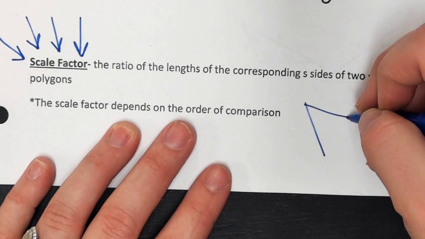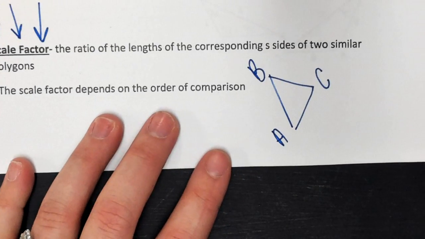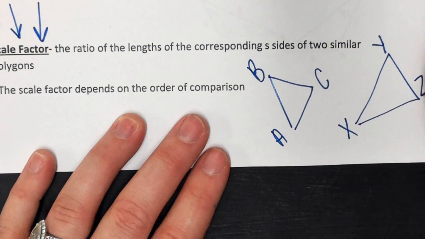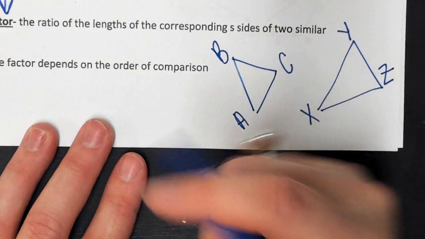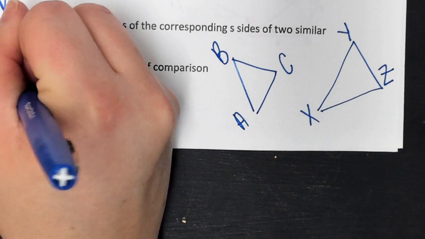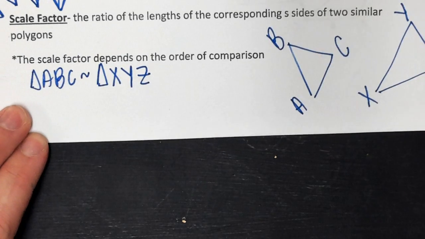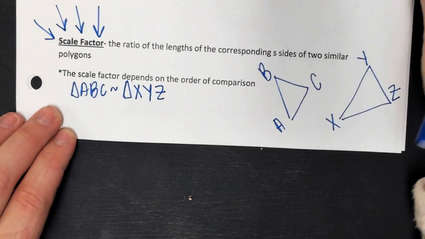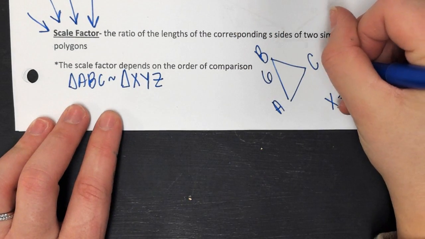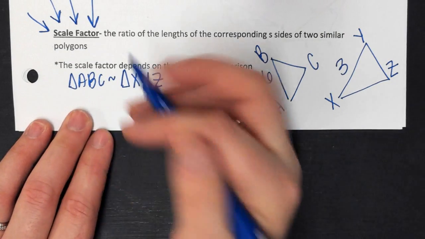So here is triangle ABC, A to B to C. And here's triangle XYZ. Okay, I'm going to say that triangle ABC is similar to triangle XYZ. If AB is 6, and XY is 3, I want you to find the scale factor.